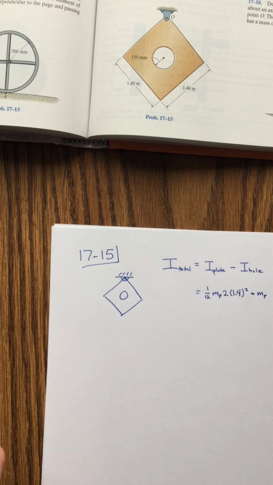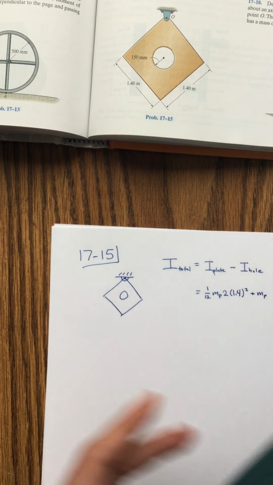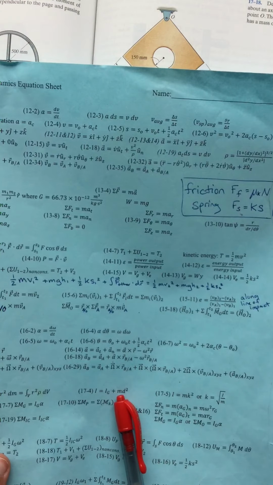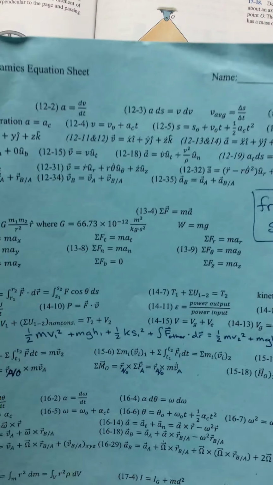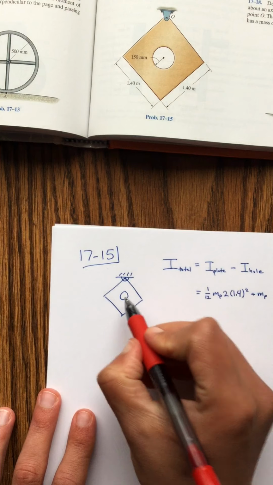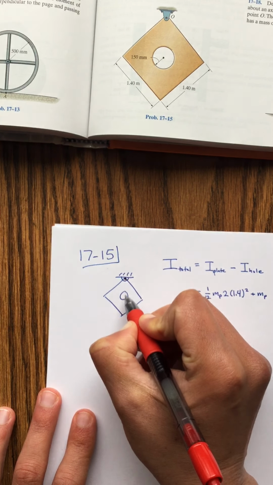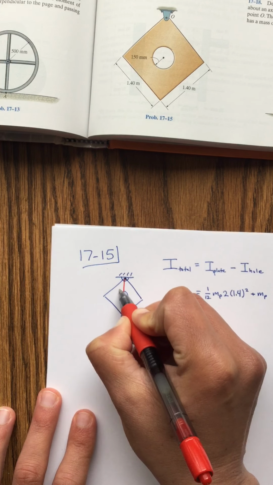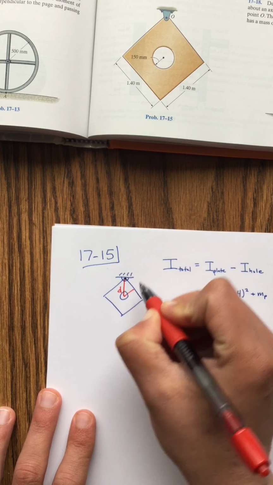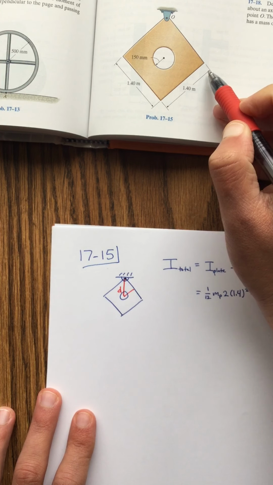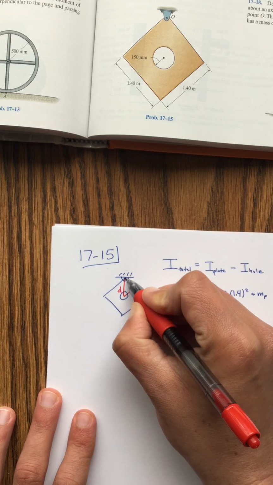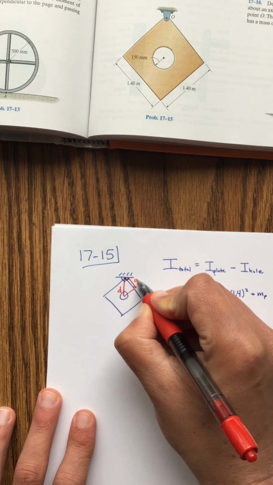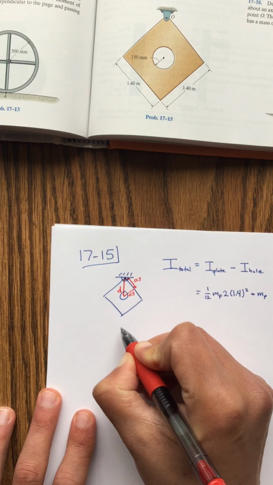Let me show that to you on the equation sheet. For the parallel axis theorem, it's plus md squared, where d is the distance between the old axis passing through the mass center and the new axis, which is here. So this distance is d, and if we have 1.4 meters there, then this is 0.7, and this is also 0.7.